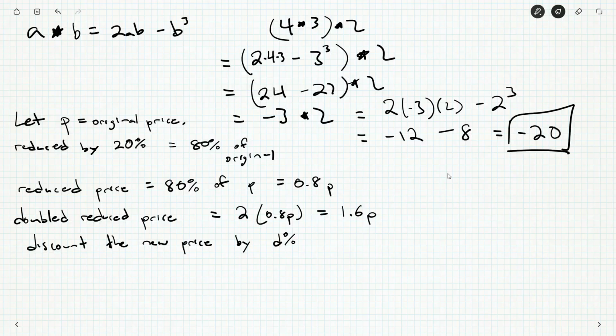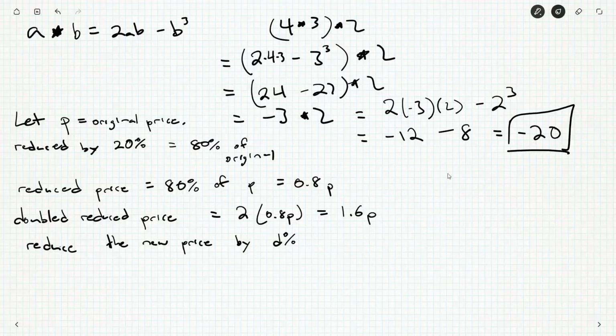Let's say we reduce the new price, so that our language is consistent for whoever's reading. So reduce the new price, this 1.6P. So it's 160% of the original price at this point.